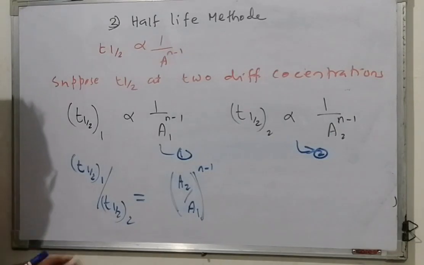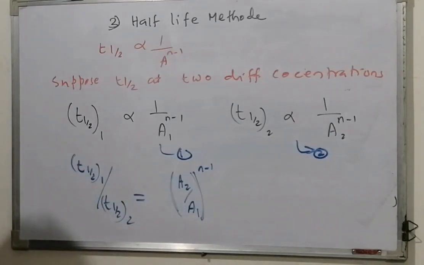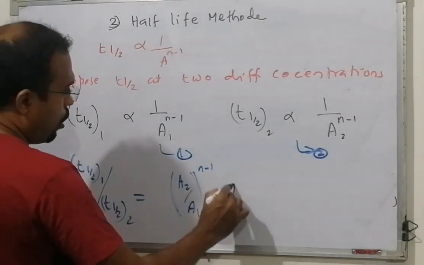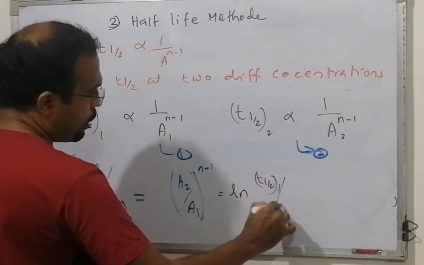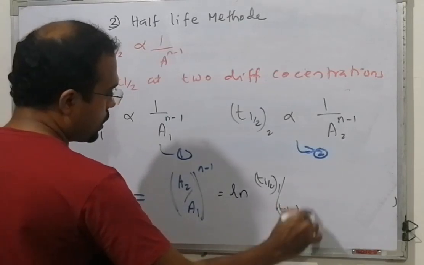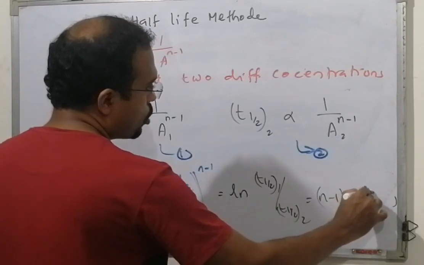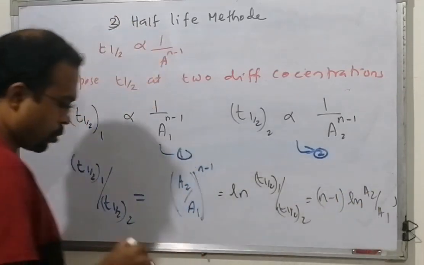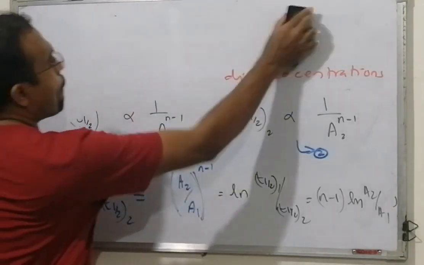In the first we have a differential rate expression, R1 by R2, like that. Now apply ln: ln of t1/2 of 1 upon t1/2 of 2 is equal to n minus 1 times ln A2 by A1.